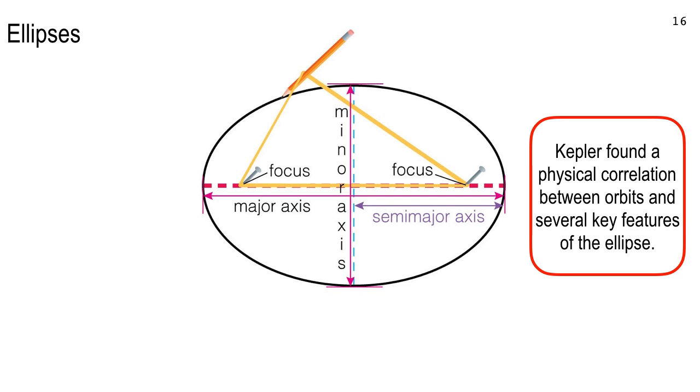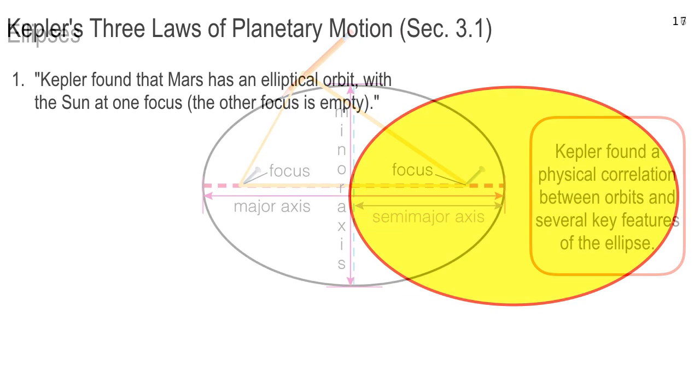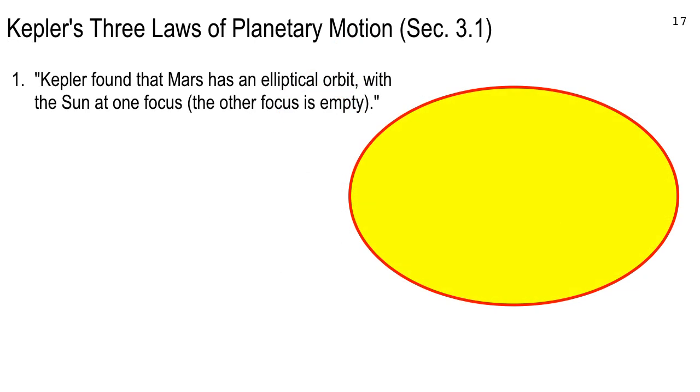What Kepler found was that not only are they geometric, but they also have physical, dynamic meaning, like for the focus and the semi-major axis of an ellipse. So let's go into his 3 laws of planetary motion. This is 3.1 now.